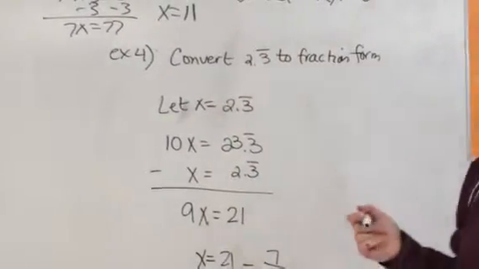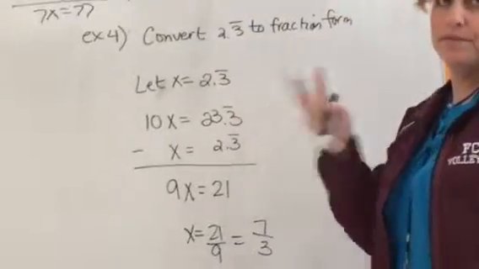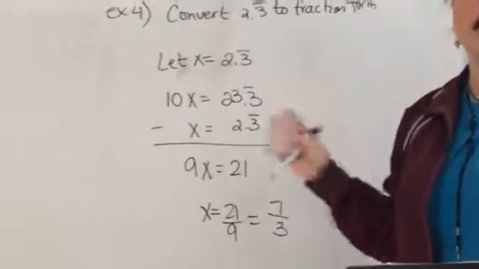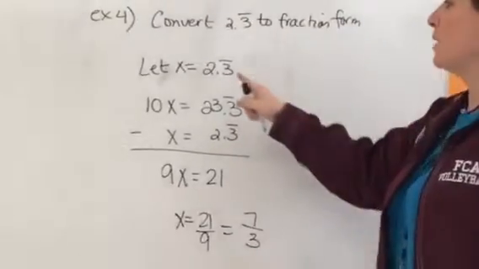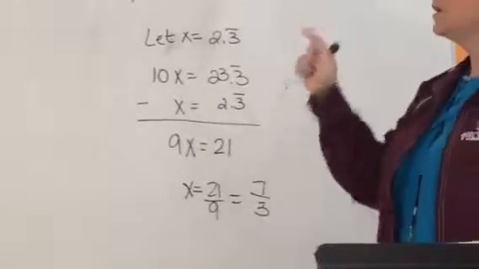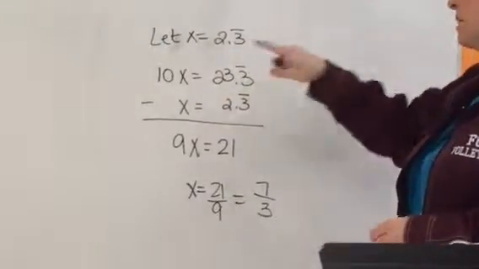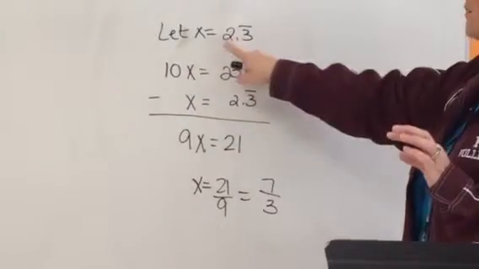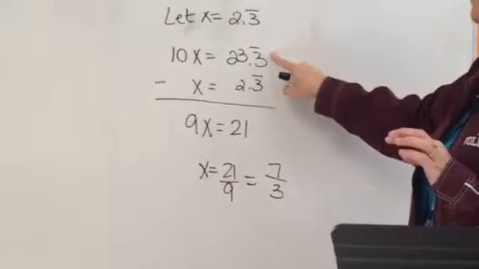Example 4 is convert 2.3 with a repeating decimal to fraction form. Okay, this is going to be a little weird for you, but we have to try to get 2.3 repeating out of there. We don't want to be working with a repeating decimal. So the first thing you're going to do is let x be the repeating decimal, 2.3. Now let's get one of the things with the repeat to be part of our problem here. So if we multiply 10 times x, then we will have the 2 and the 3, 23, and then the repeating decimal.